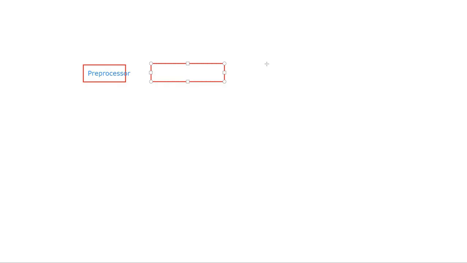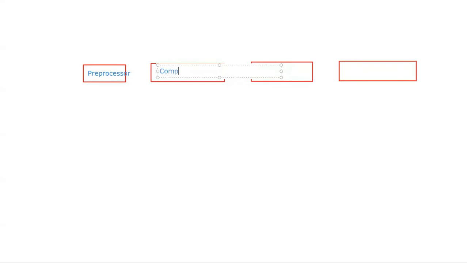After the compiler, the supporting software is the assembler, and after the assembler, the supporting software is the linker and loader, right? So we have a preprocessor, then the compiler, then the assembler, and then the linker and loader.